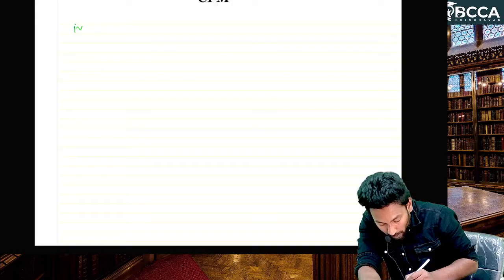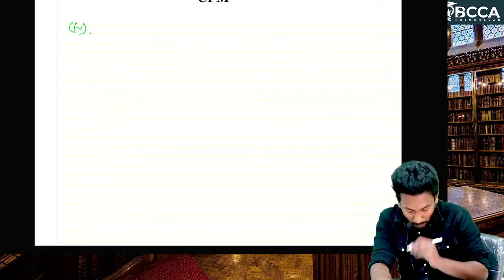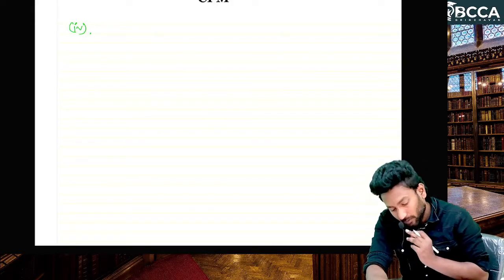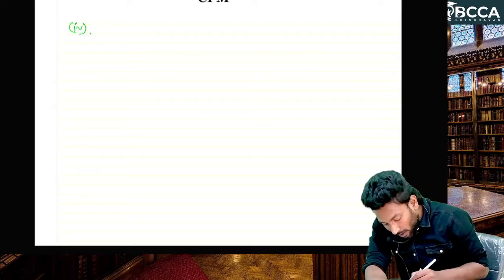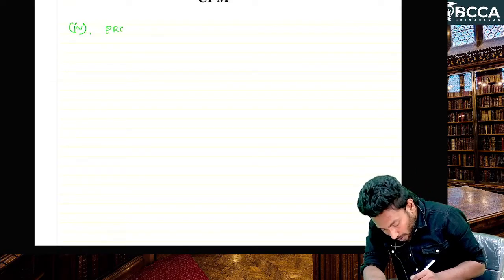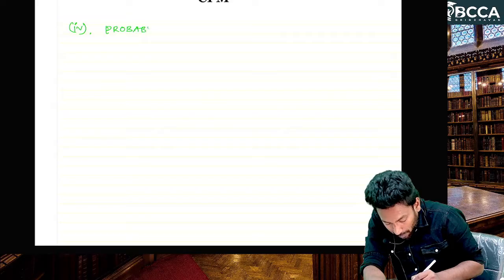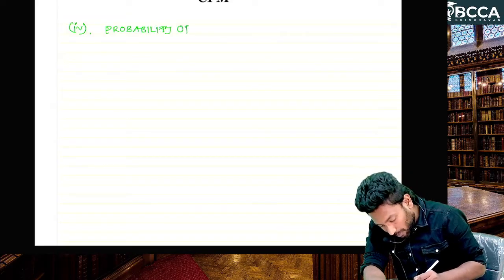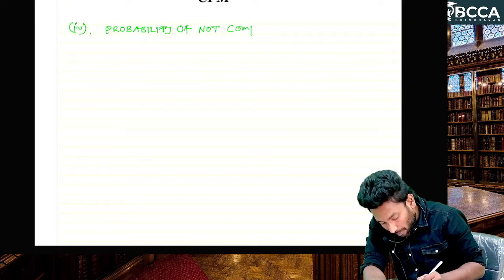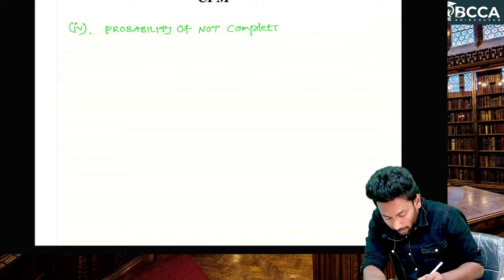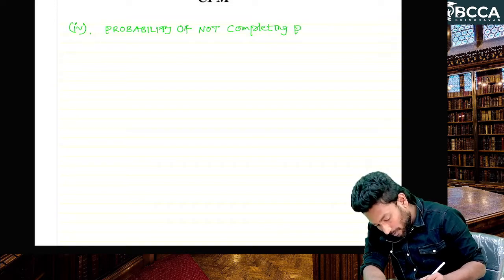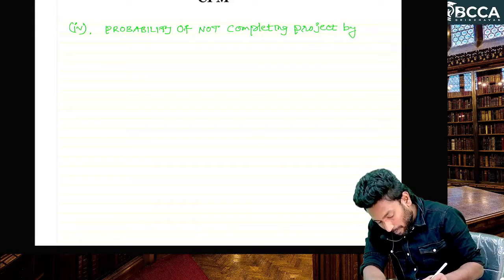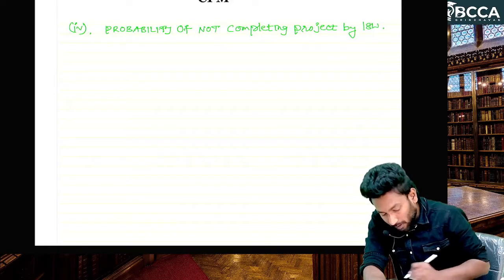So point number 4, probability of not meeting the due date of 18 weeks.